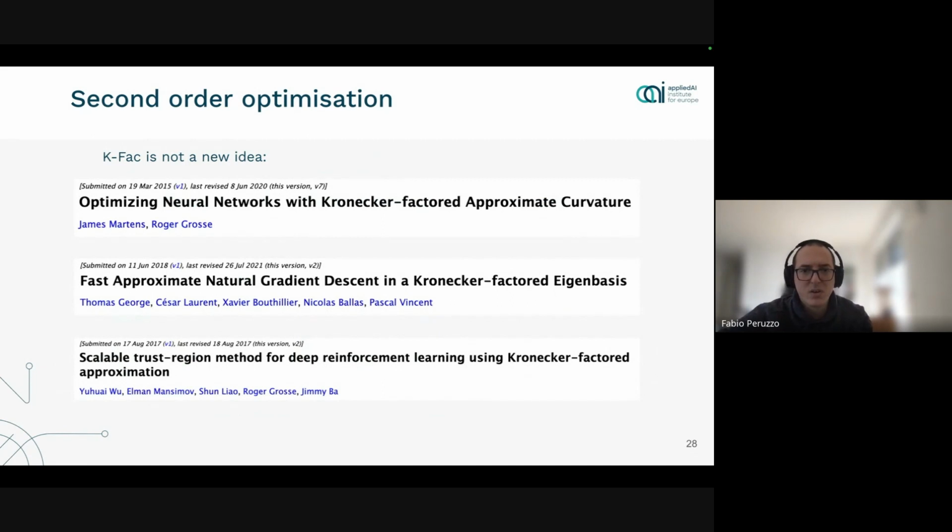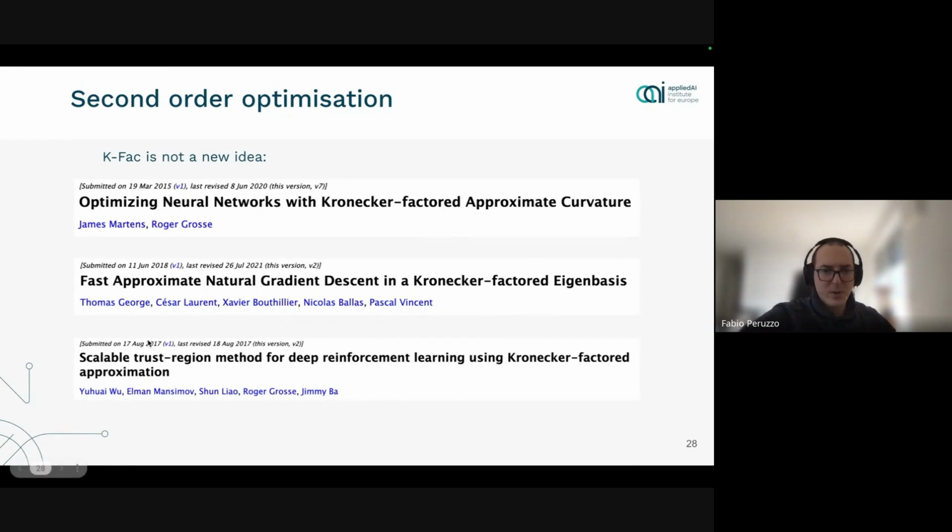You may have already heard of KFAC because there was a period around 2017 where second order optimization was very hot within the research community. For example, this first paper, Optimizing Neural Networks with KFAC, has almost 1,000 citations, so you may have stumbled upon it. In the same period, KFAC was also applied to reinforcement learning, which is something that many of us are interested in.